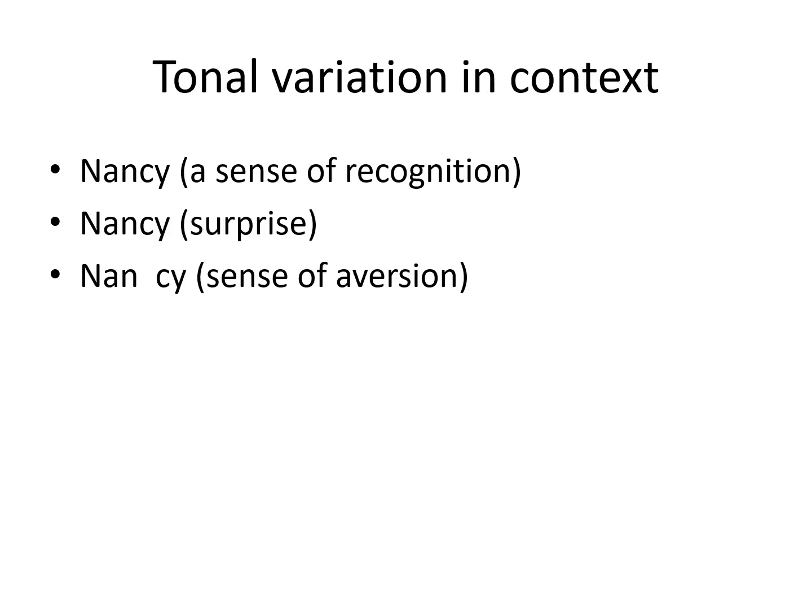Now we have come to the last but interesting part of the lesson. We may use three different types of tonal variation. When we use a particular noun or word, sometimes we use it in a sense of recognition, sometimes in the sense of surprise, sometimes in a sense of aversion.